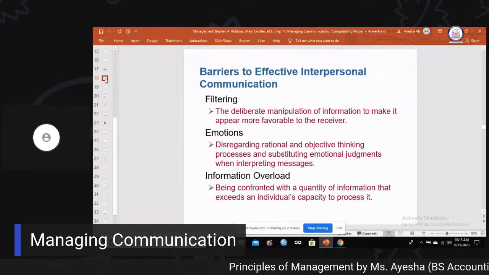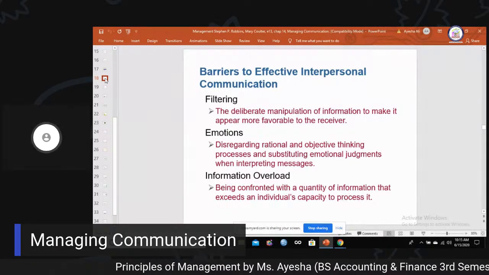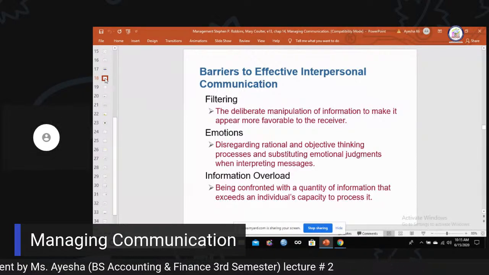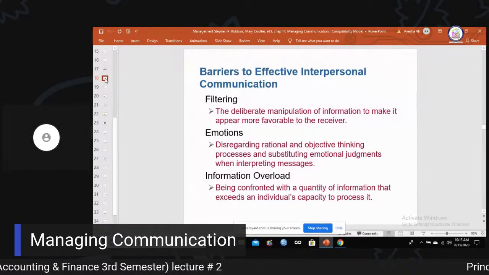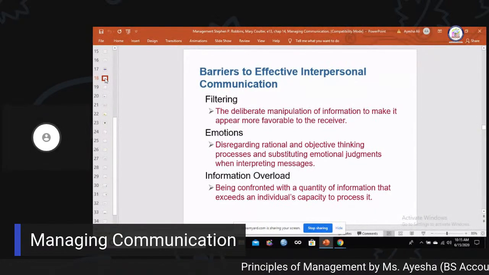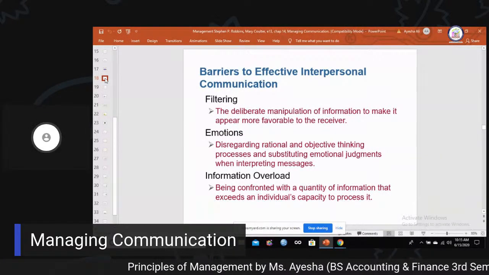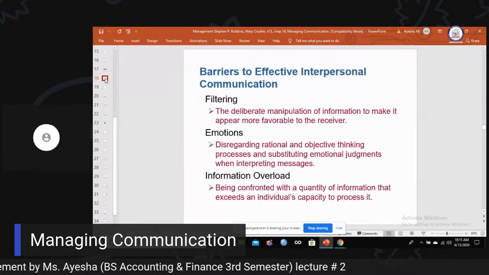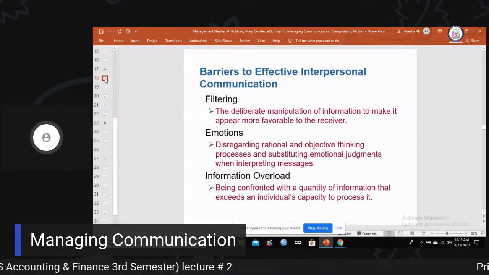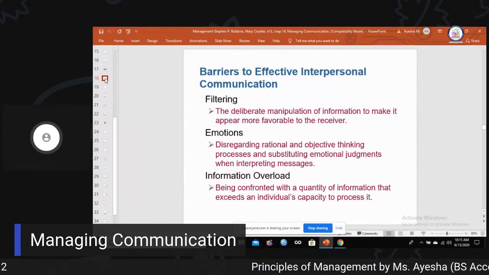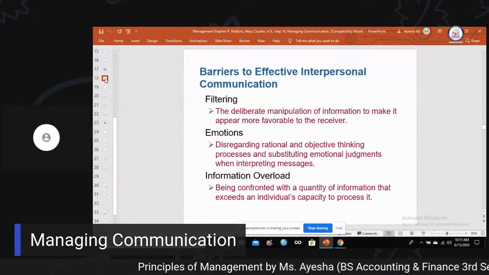So it depends on the culture, environment, and top management. If the management supports filtering, the employee will do it more. But if management discourages it, the individual will not do it. So it totally depends on the organization's culture, environment, and bosses.